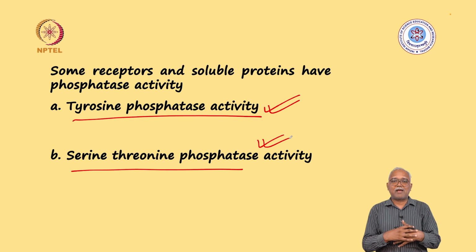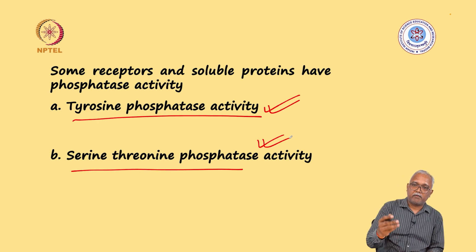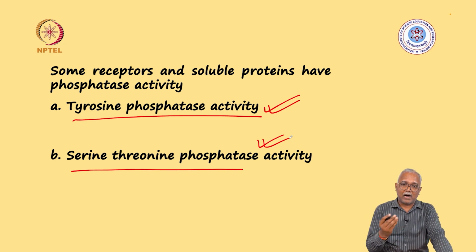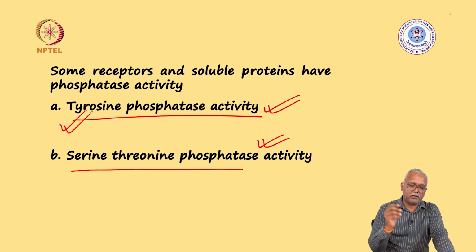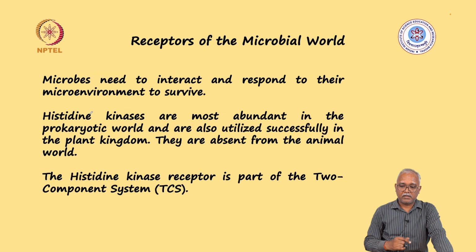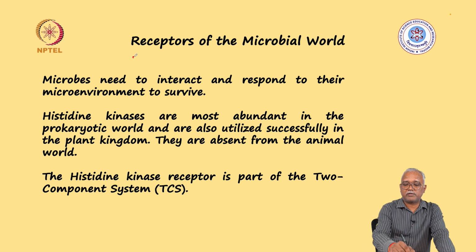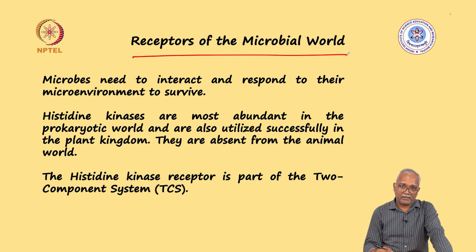So if you think about the diversity in terms of kinase activity which is prevalent across the living world, you will realize that phosphatase and kinase activity are integral to the receptor, and more often it is kinase activity which is integral to that, and serine threonine kinase is a preferred activity mostly in the soluble kinases, and then you also have the tyrosine kinase activity. Now let's start discussing the receptors which you will see in different forms of life. Let's start with the simpler form of life or the microbial world.